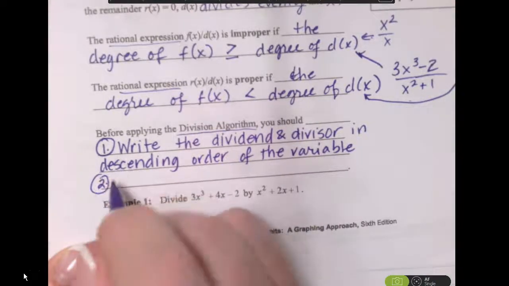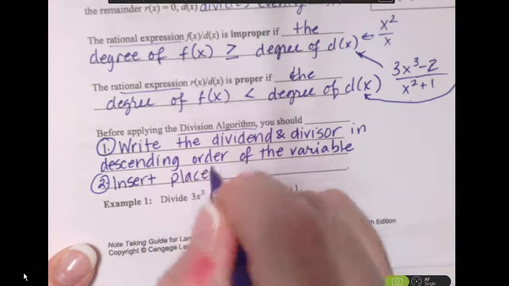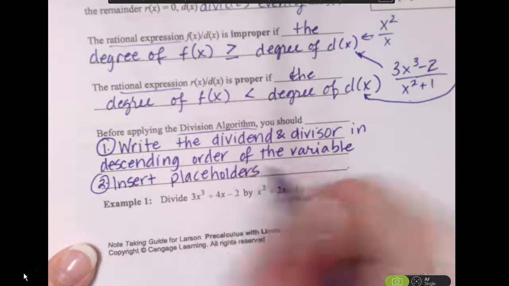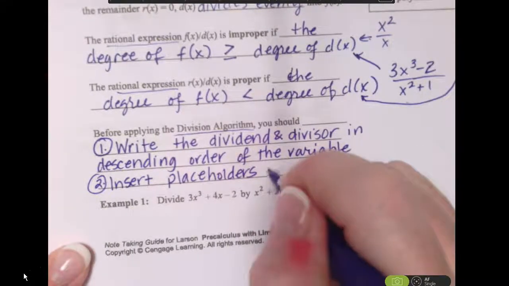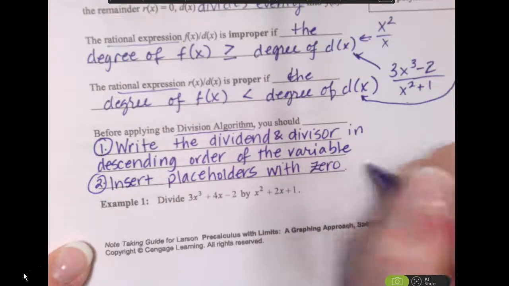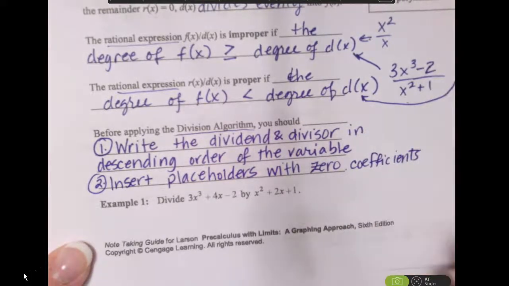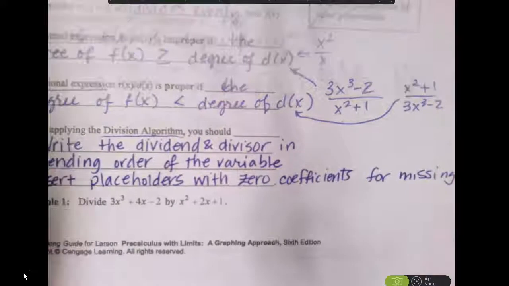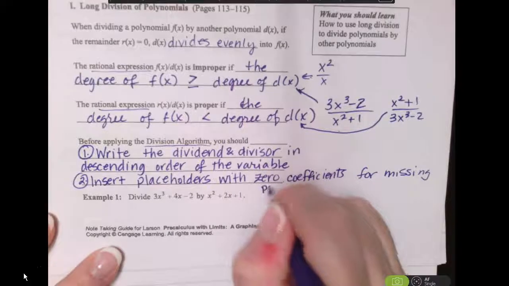So we're going to call that insert placeholders with 0 coefficients for missing powers of the variable.